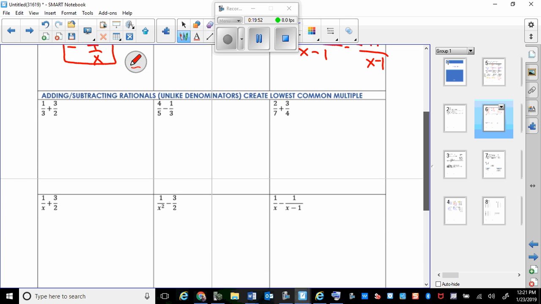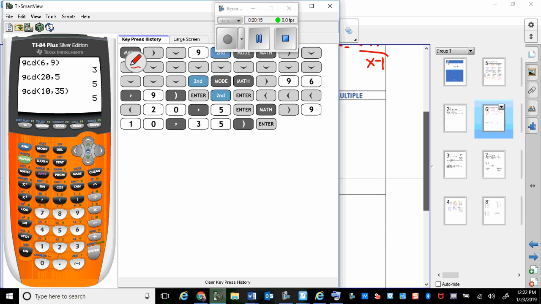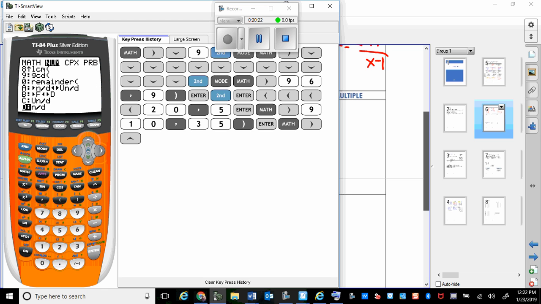Adding and subtracting rationals requires the lowest common multiple. So we're looking for the lowest common multiple for 3 and 2. For this one, what we're trying to do is to get the denominators to be the same. So what we're going to do first is go to math, right arrow over to num, and we're looking for LCM, that's number 8.